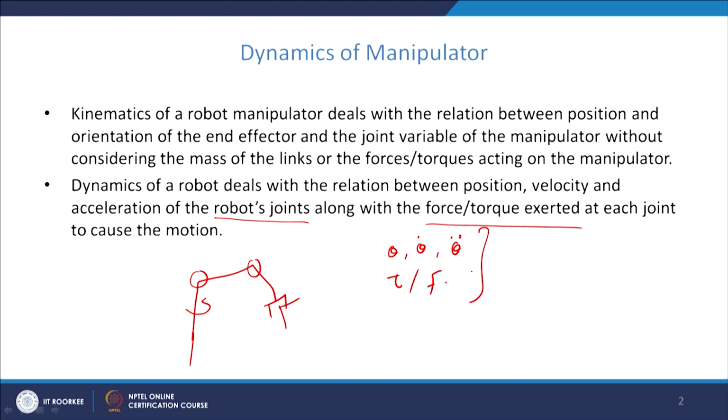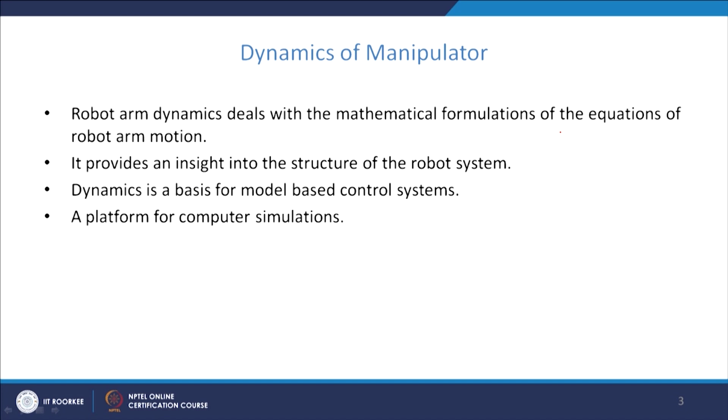So, this relation is the dynamics of the robot. So, here the dynamics is nothing but the equation of motion of the robot manipulator, and it provides the insight into the structure of the robot system.